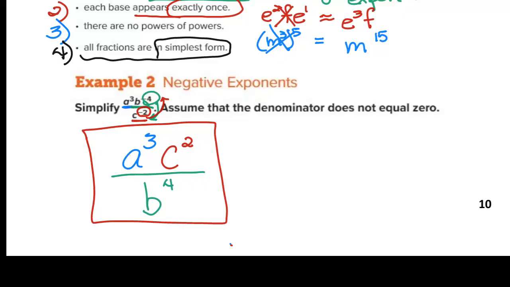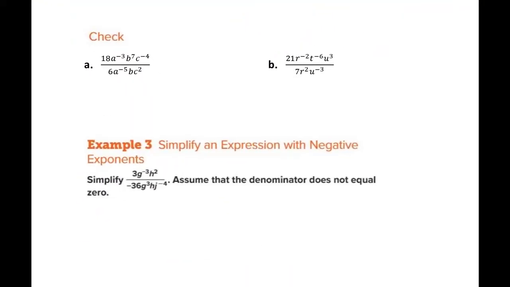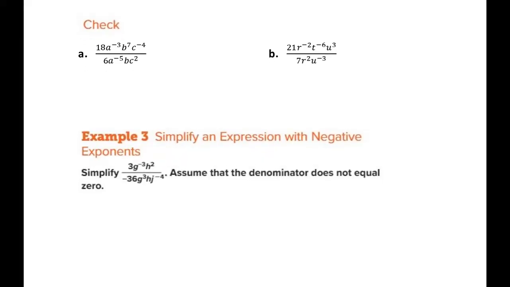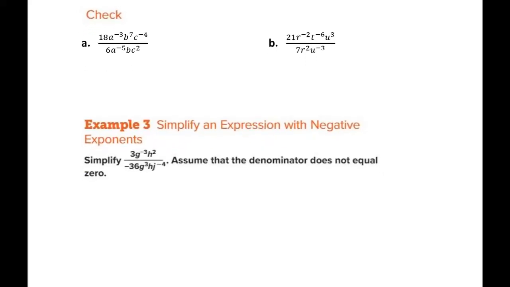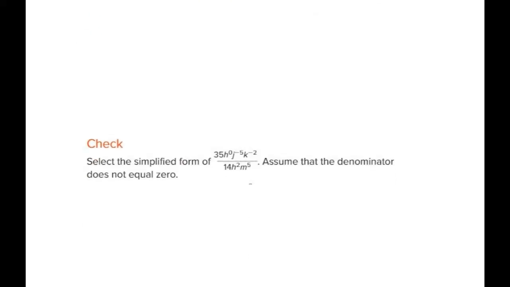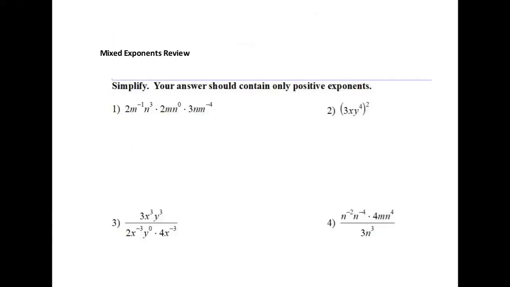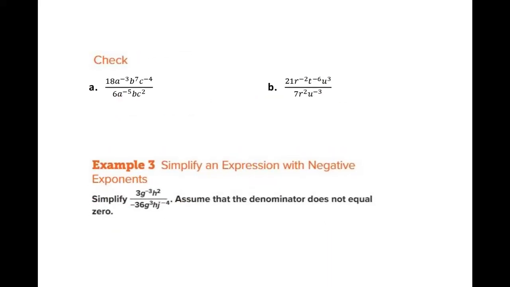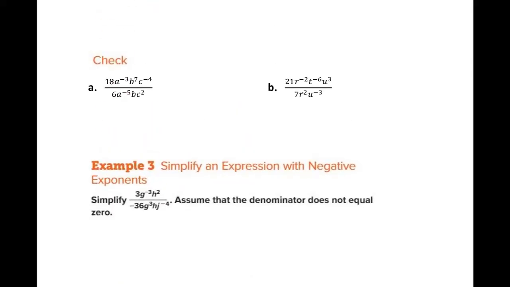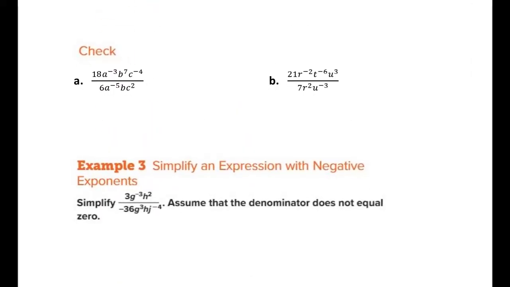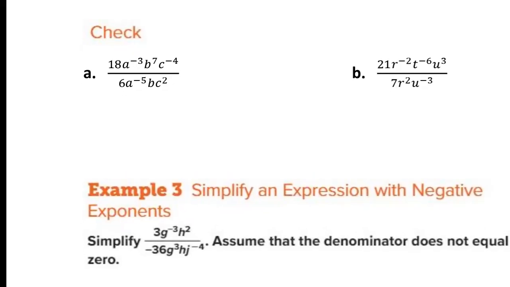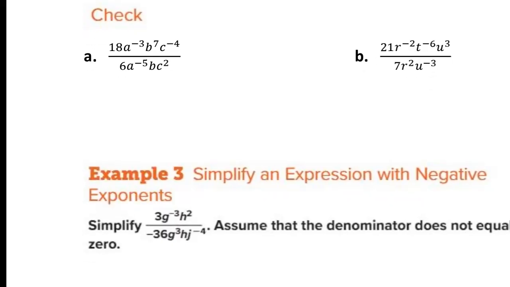Okay. Let's go to the next one. Simplify. Okay. So we got 1, 2, 3, 4. Let's start with A. So as I look at this, I see this is mostly a division problem because I see that I have the same base in the top and the bottom.